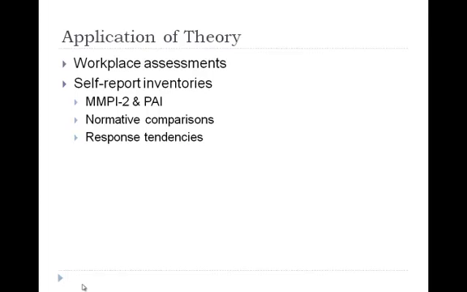And one thing that's built into both of these measurements are questions to deal with certain response tendencies. So people that have an acquiescence response set, where they just answer very true to everything, or people that answer never true to everything. You can detect that with how these tests are scored.